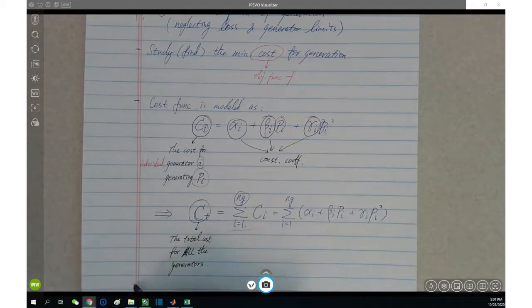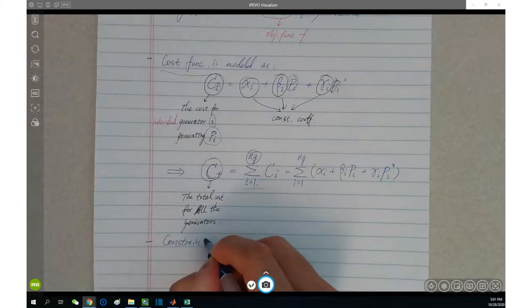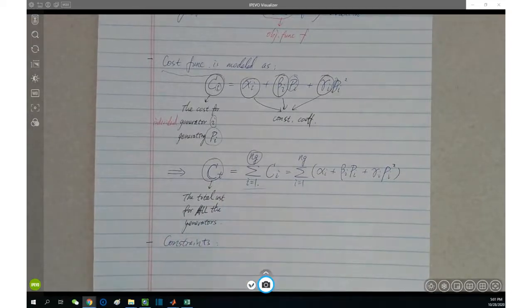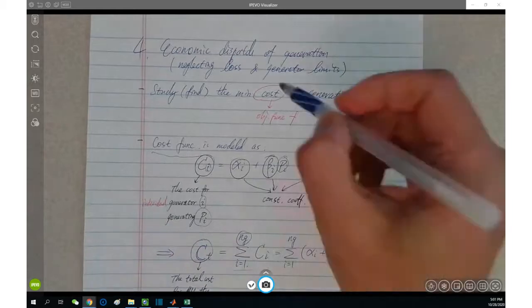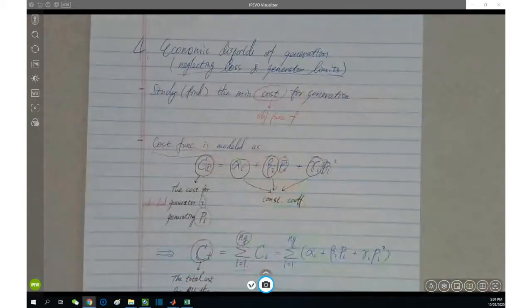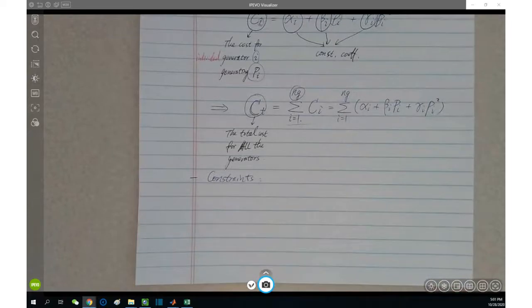Next, after the cost function, what should we discuss? Constraints, right? So think about constraints. What constraints are we really going to take care of? Of course there are many constraints, but we are neglecting the loss and the various generator limits as well. So what is the constraint then? The customers you need to supply?